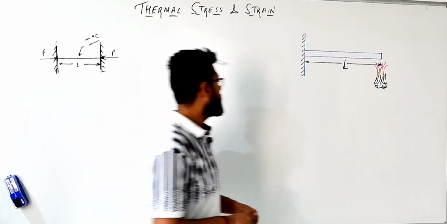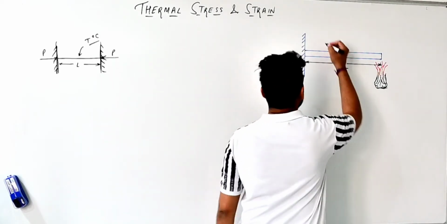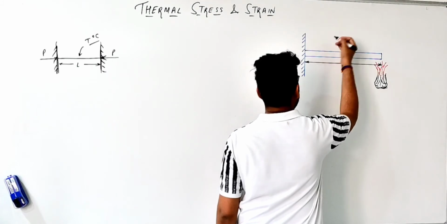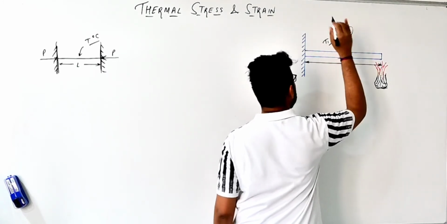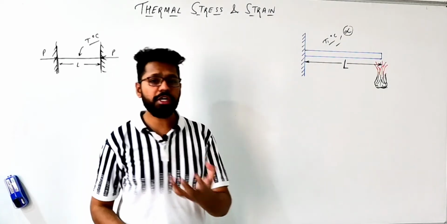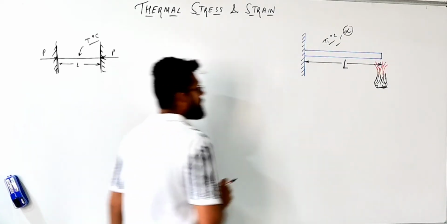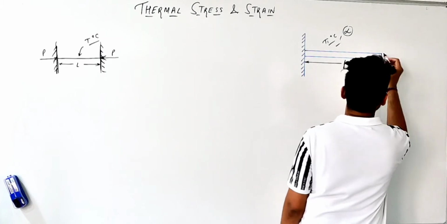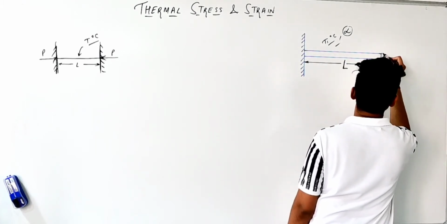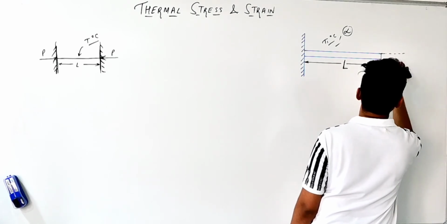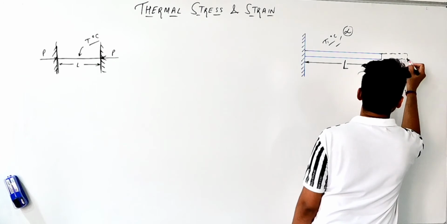Okay. So suppose the surrounding temperature is T1 degrees Celsius and alpha is the coefficient of thermal expansion of the material. So this rod will expand freely if we heat it to T2 degrees Celsius.